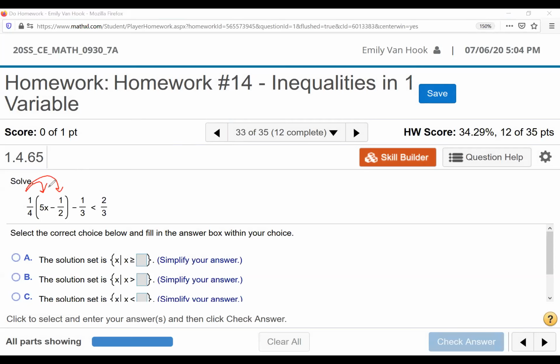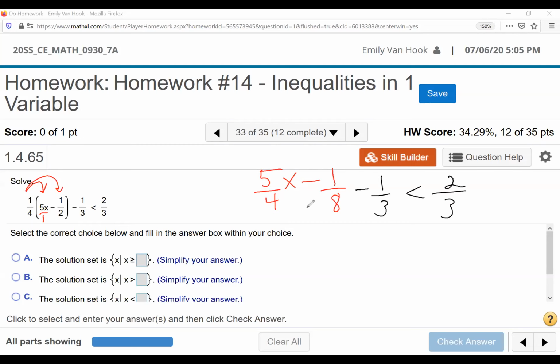So 1/4 times 5x is just 5/4 x, or 5x over 4, either way. Because I'm putting the 5 over 1 and just multiplying across. And then 1/4 times 1/2, if I multiply across there, I'm just getting 1/8. Okay, copy everything else down. Still have minus 1/3, and then less than 2/3.